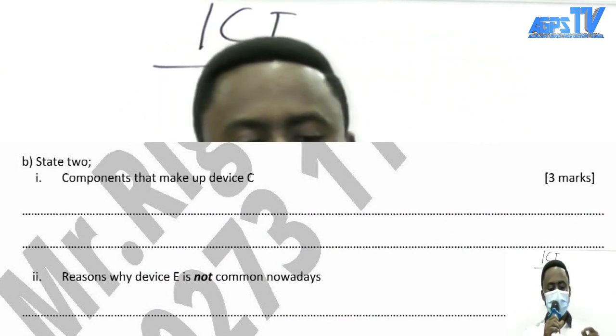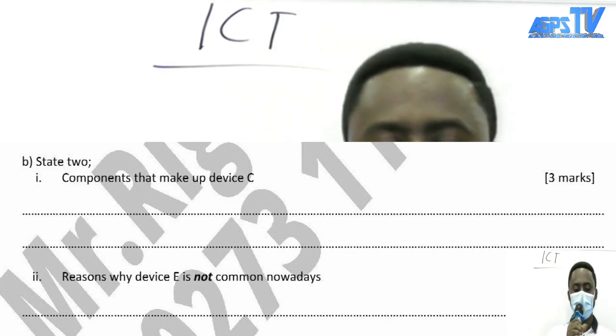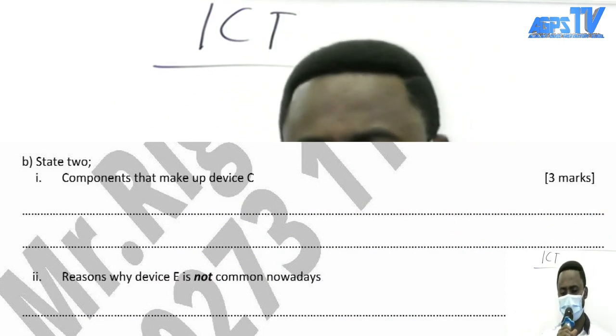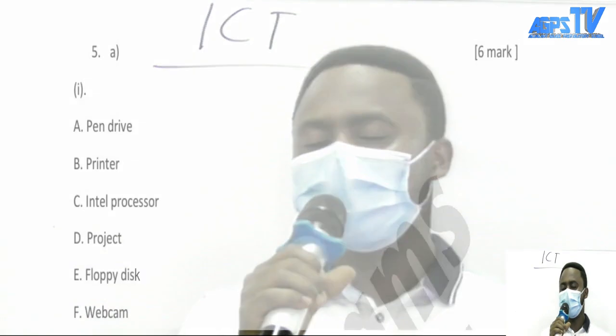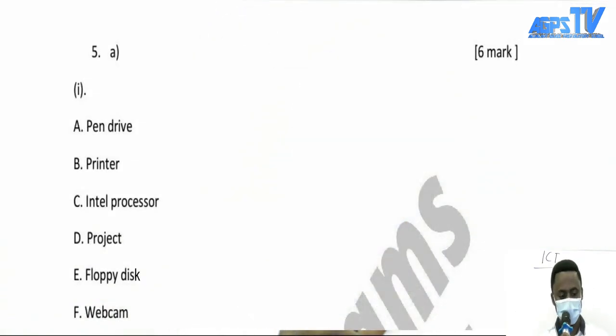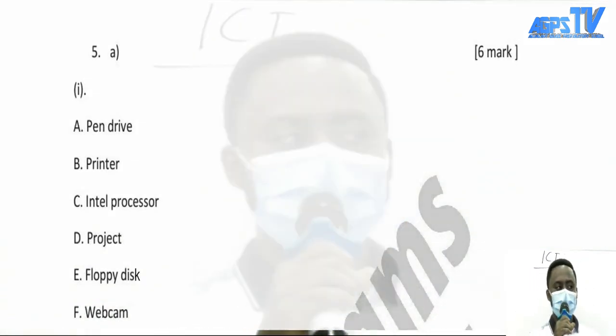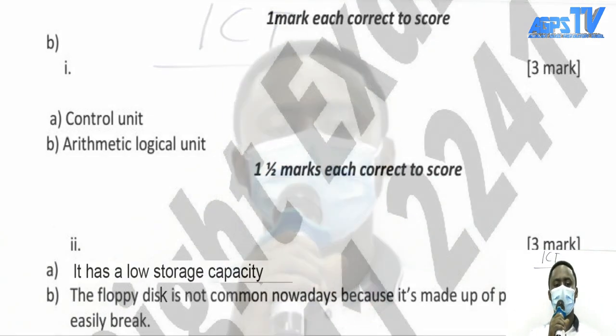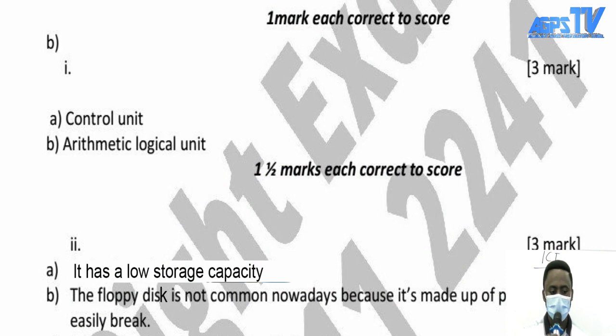Question B two asks us to state reasons why device E, the floppy disk, is not common nowadays. The floppy disk is not common nowadays because it has a low storage capacity.